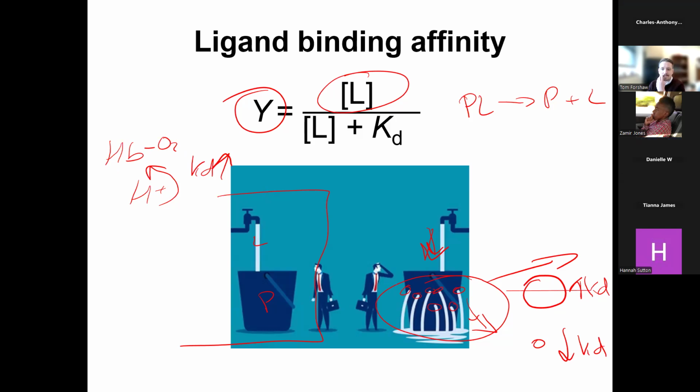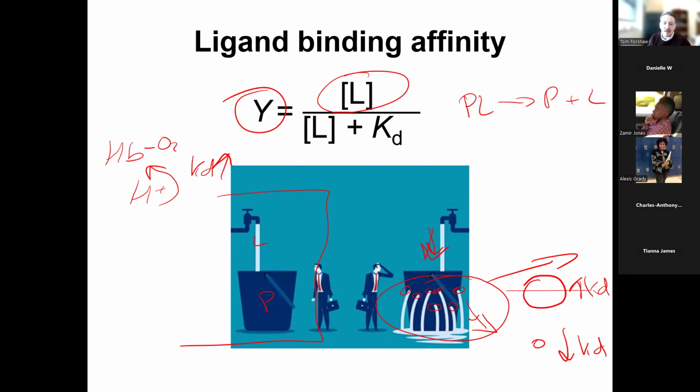Would it decrease? Yeah, and Charles Anthony has his hand up as well. I see that. But yes, it would decrease. It would break apart into hemoglobin and oxygen, and that's what happens.